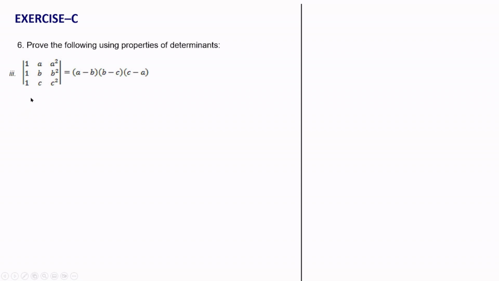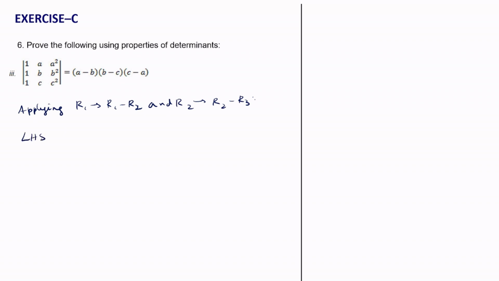Next question, determinant of 1, a, a square; 1, b, b square; 1, c, c square. This we have to prove is equal to a minus b into b minus c into c minus a. So let us apply R1 changing to R1 minus R2 and R2 changing to R2 minus R3.